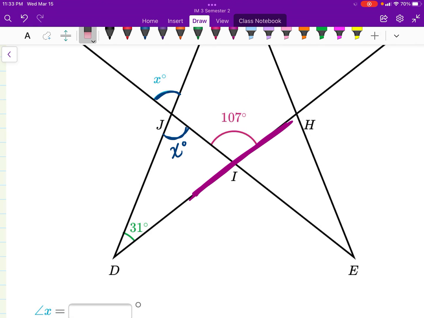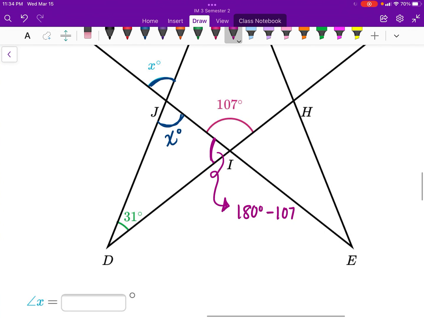So in order for us to find this missing angle here, we're going to do 180 minus 107. And that would give us 73 degrees. So in this case, this inside angle is 73 degrees.